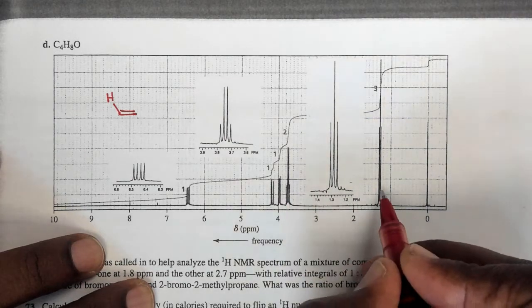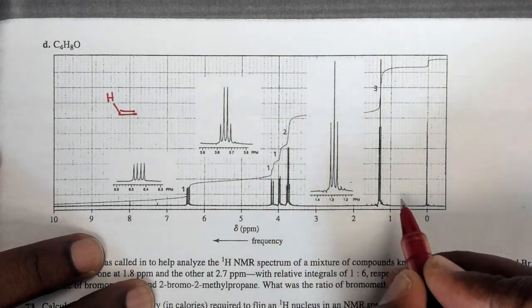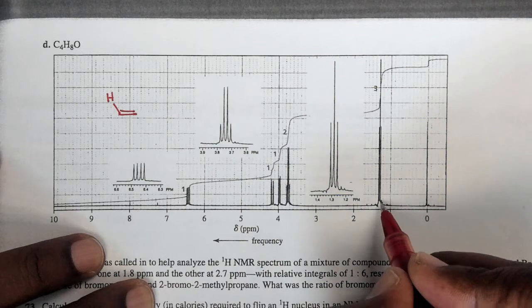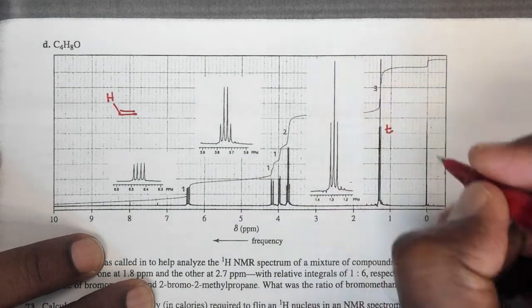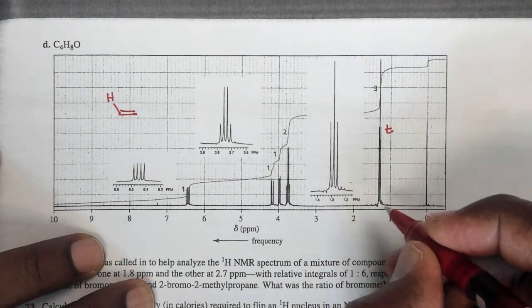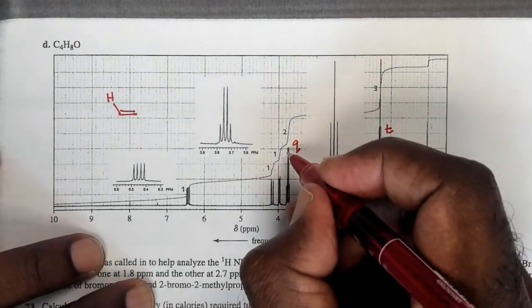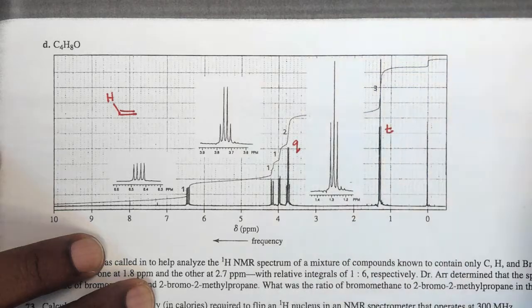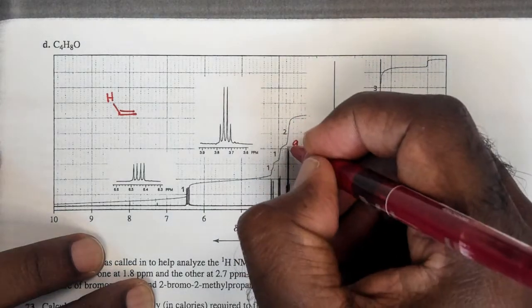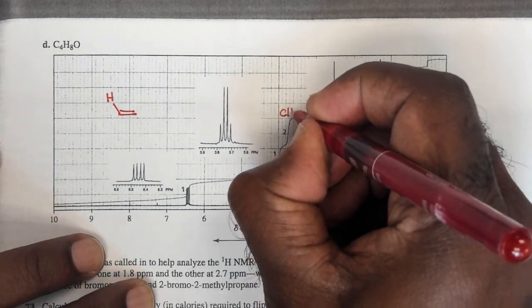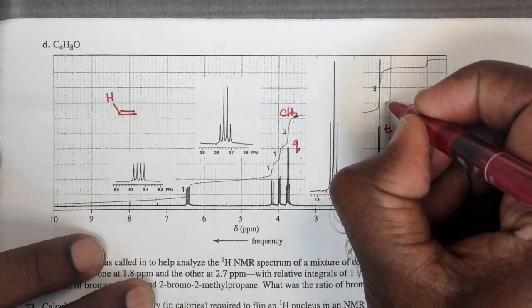Let's just go to these other 2 resonances here. I have a typical triplet and a quartet. A triplet at 1.2 or so, a quartet at 3.8, which means that there must be something de-shielding this CH2. I know it's a CH2 because it integrates to 2 protons. This integrates to 3 protons.